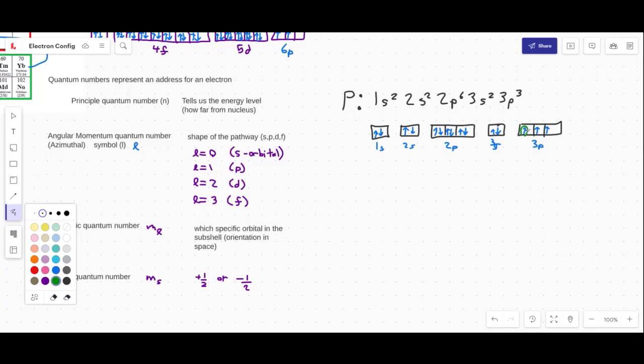So let's do this one. So for that electron that I've circled in that 3p subshell, what is the n value?